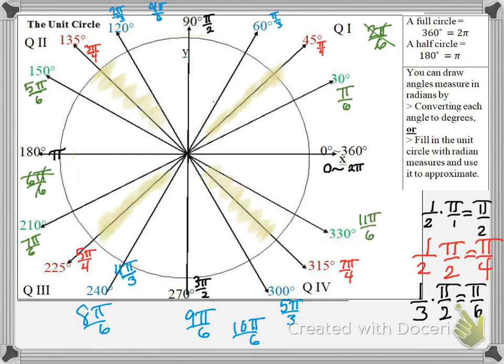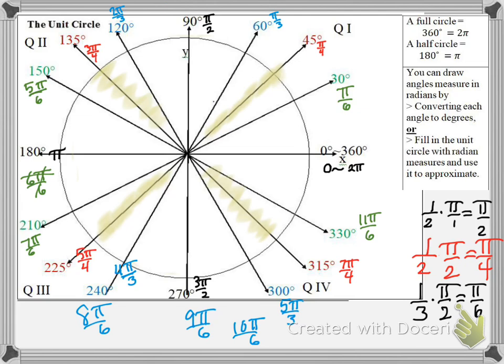You might want to notice that all of the green ones were things I couldn't reduce. But the blue ones, like I took 2 pi over 6 and made it into pi over 3. I took 3 pi over 6 and made it into pi over 2. I took 4 pi over 6, made it into 2 pi over 3.